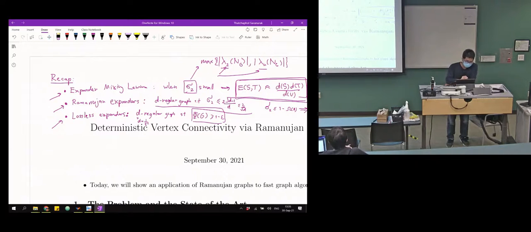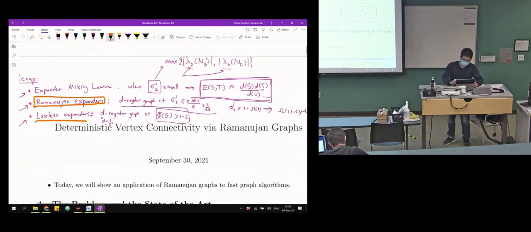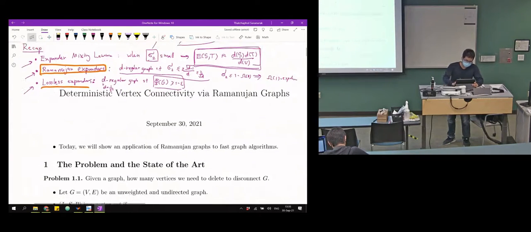And today we will talk about an application of Ramanujan graphs. Maybe at the end of the class I might talk about an application of lossless expanders, but this application is easier to talk about.